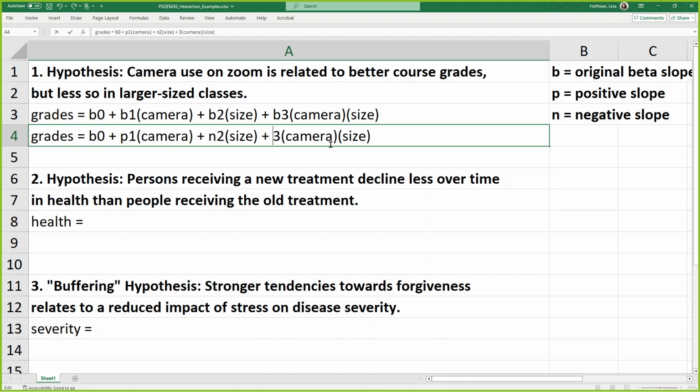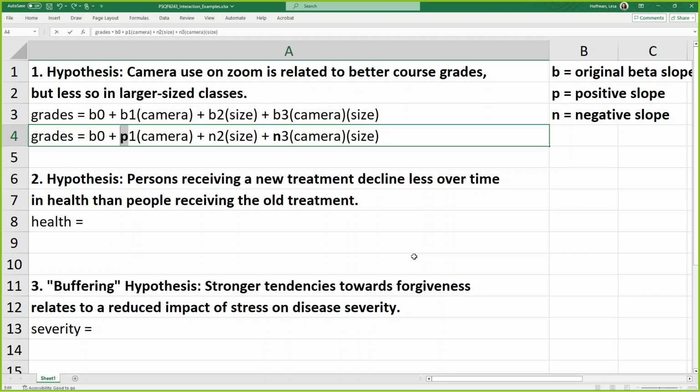So to make that work, the interaction term would need to be positive or negative. If we want to make the slope for camera use weaker, this needs to be a negative so that it is undoing the positive effect of the camera. The positive slope would be reduced in larger classes.